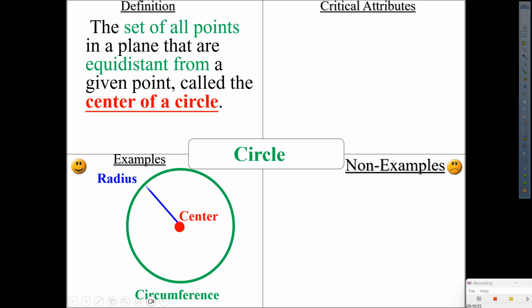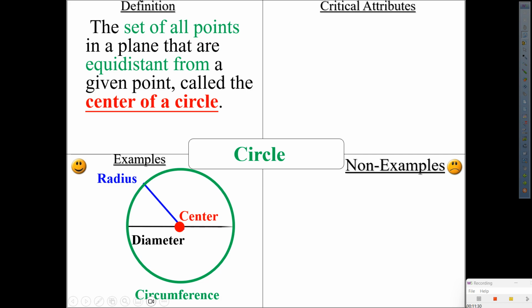What do you remember from 4th or 5th grade? Here's the radius, yes, very good. Diameter, label that please: a line going completely across from one side to the other through the center.